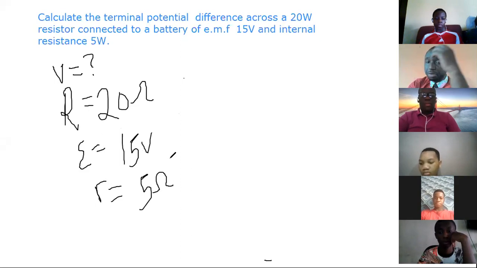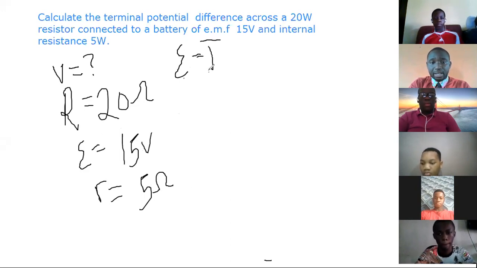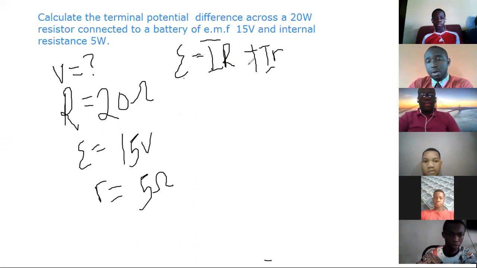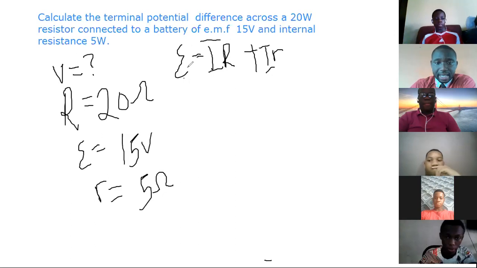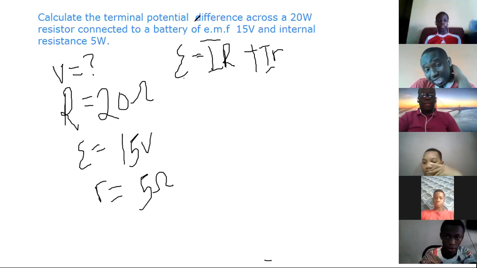Now, I didn't give you this formula. This is a formula we'll be using. EMF is equal to I big R plus I small r. Now, remember, they said we should calculate the potential difference.